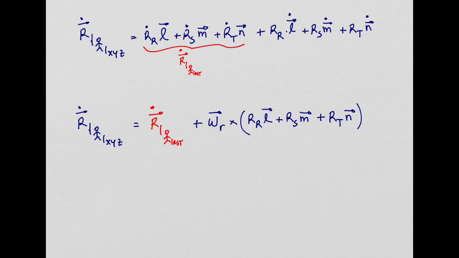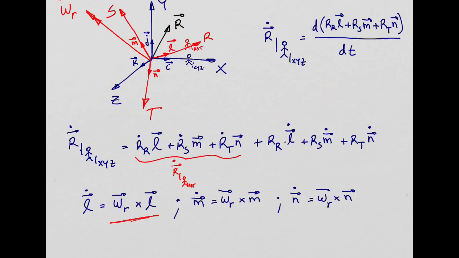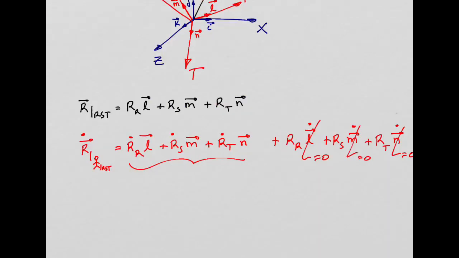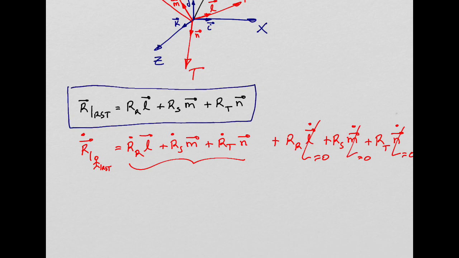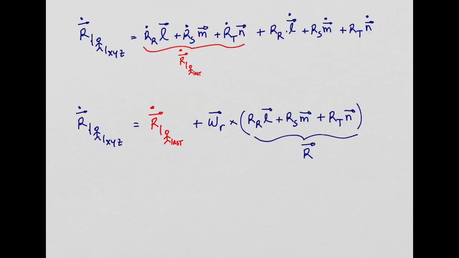Or I can say, because what I have here is my vector R. Isn't it? Look at the very beginning. When I defined R, it's here. That's exactly what I have here, isn't it?